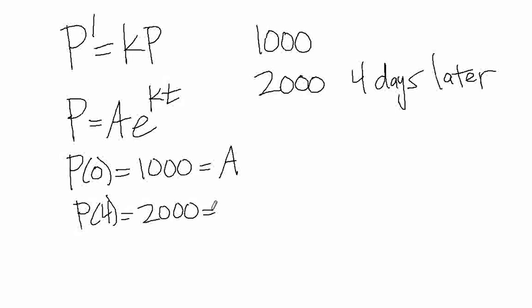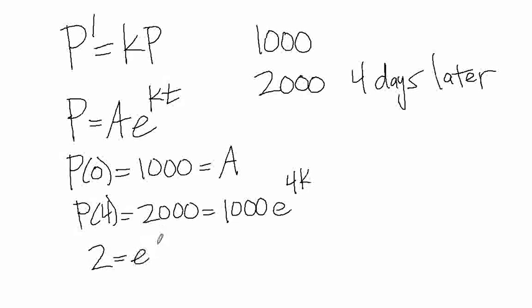And let's evaluate the exponential for t equal to 4, and let's substitute 1,000 in for a. So 1,000 e to the 4k. Okay? And now we just need to solve for k. So if I divide the 2,000 by 1,000, I get 2.